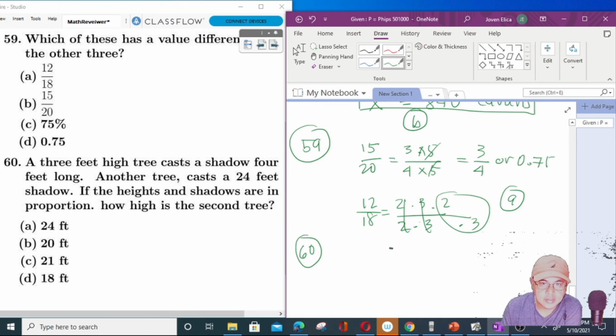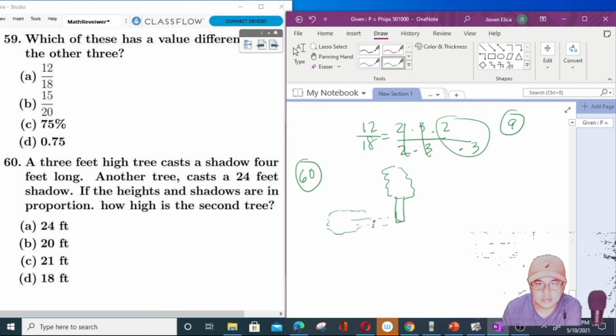So if we have a tree, let's say we're drawing a tree, it casts a shadow. For example, this is the shadow of the tree, 4 feet long, at 3 feet high, so this is 3 feet.